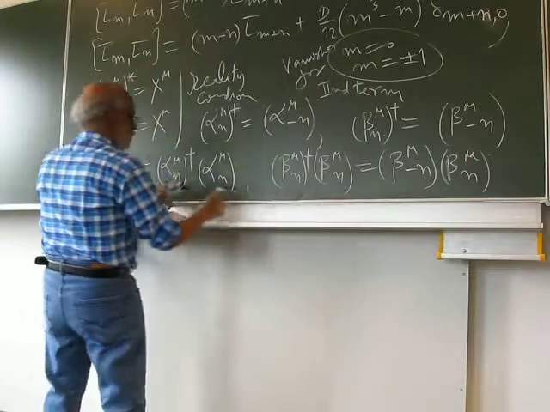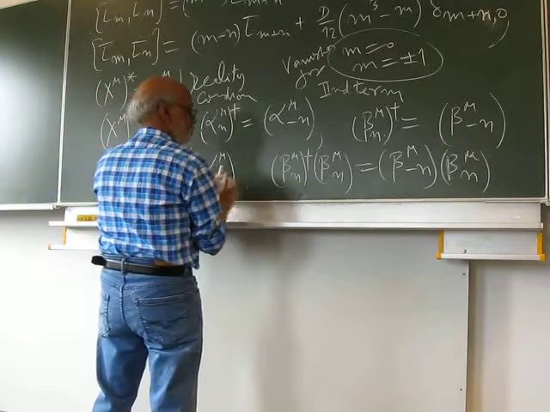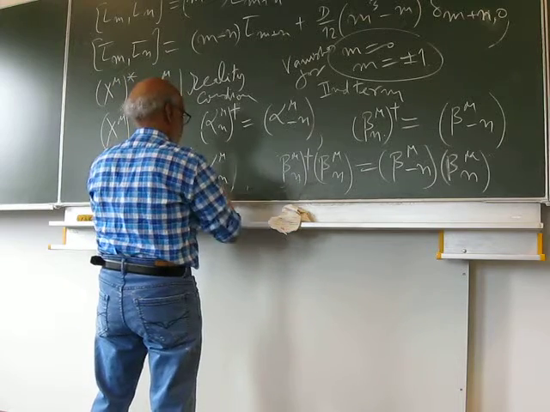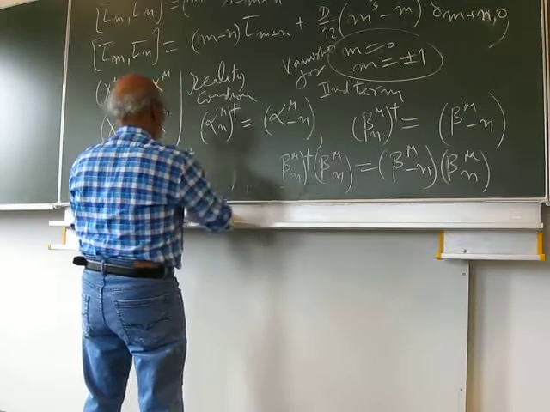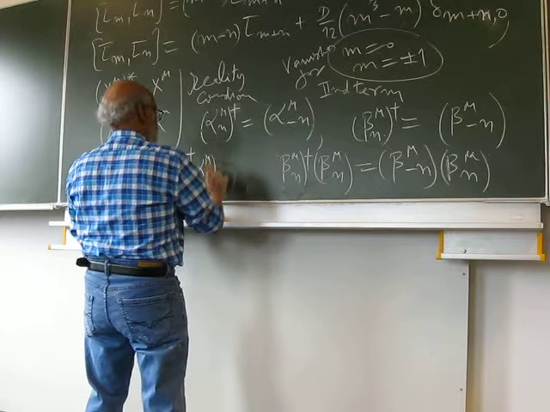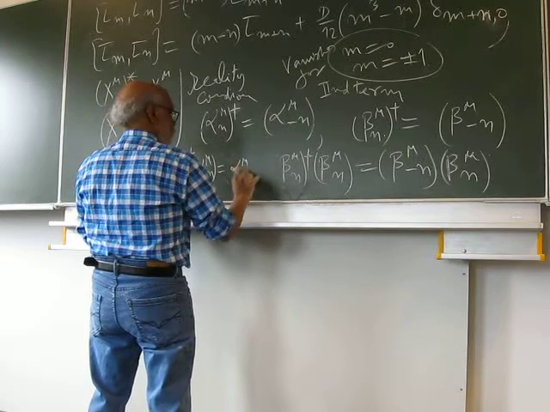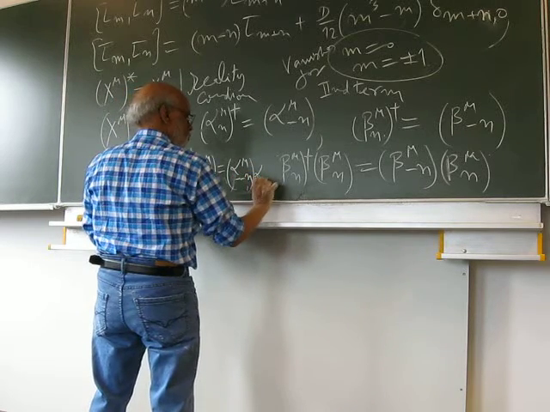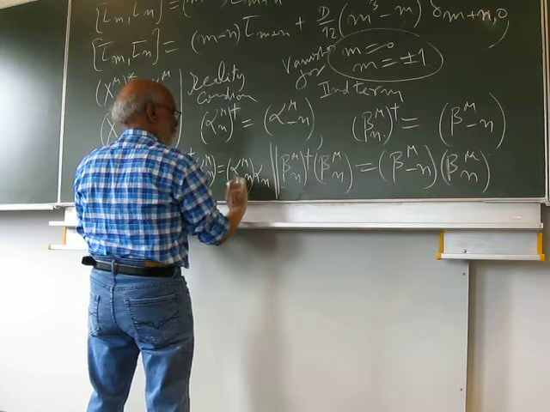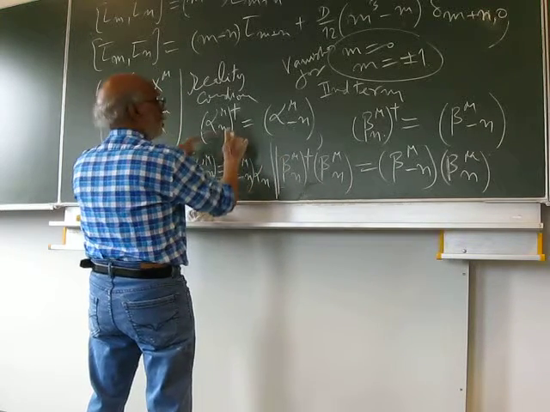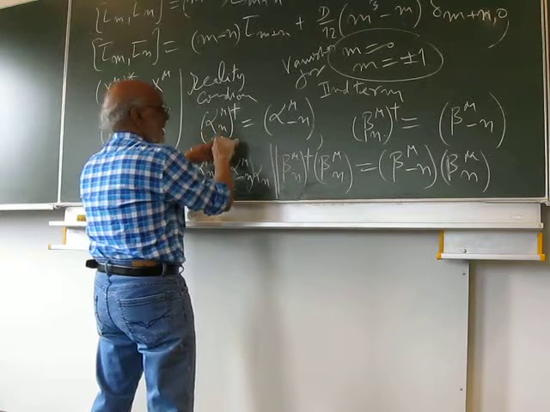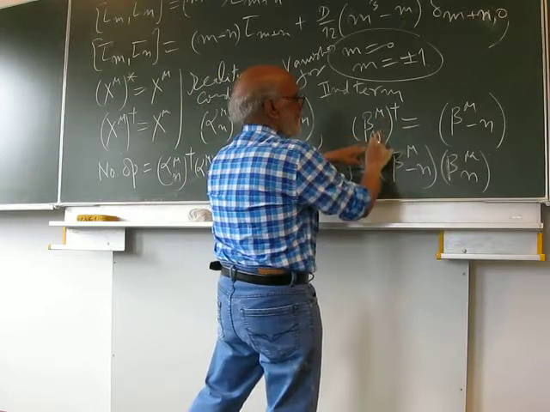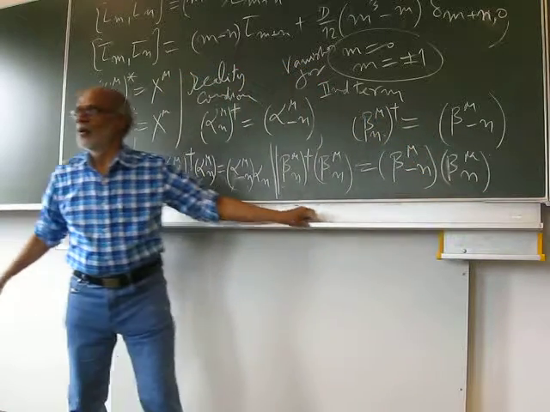And similarly this, because alpha^mu_n dagger is alpha_{-n}, beta^mu_n dagger is beta^mu_{-n}.